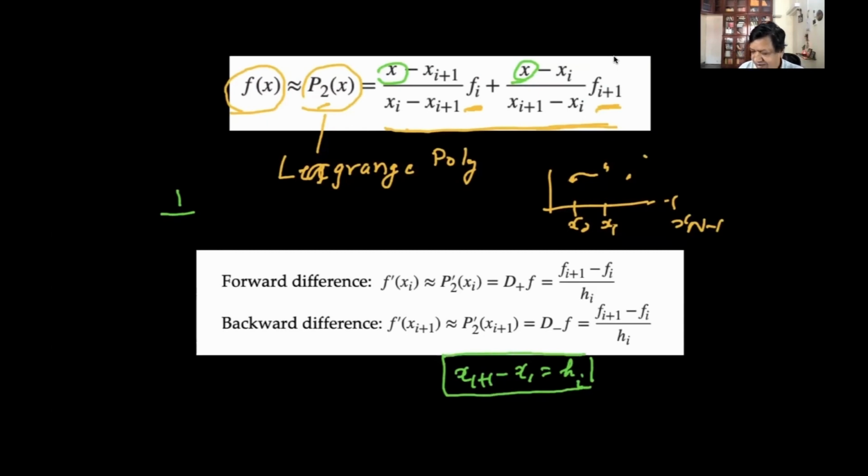So this is the negative of h_i, where h_i is a step. So it is minus 1 by h_i times f_i. The other term has x_(i+1) minus x_i in the denominator, so it is 1 by h_i times f_(i+1). That's what I've written here. So this is the derivative.